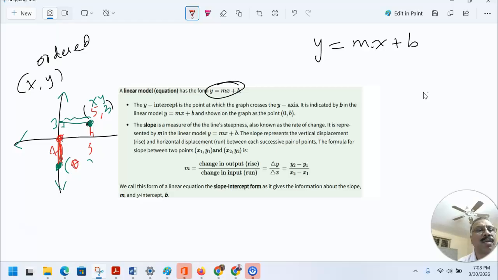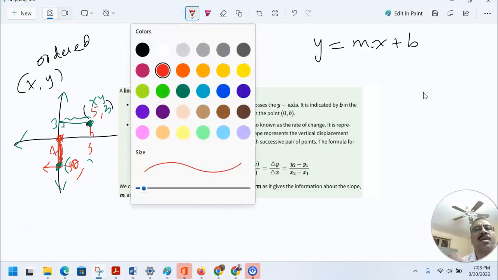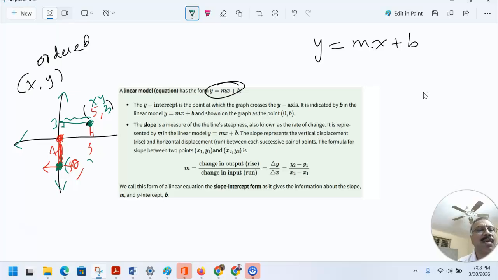Now you're not going left or right, so you're stationary. This dot is on the y-axis, and the point is 4, so it is 0 comma 4. So always remember, any point on the y-axis is 0 first, and then how far the point is from the center, the origin. All those things we have done.